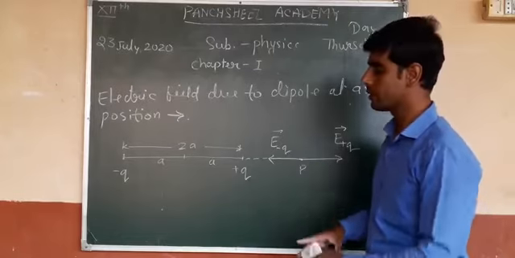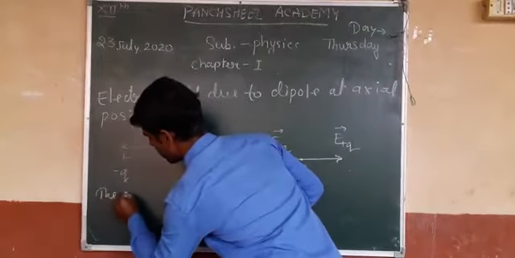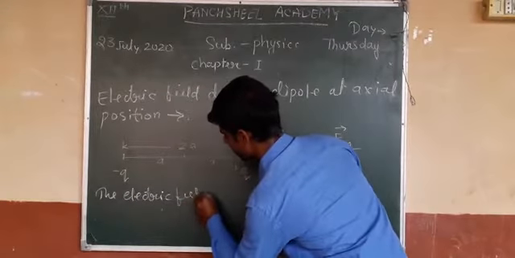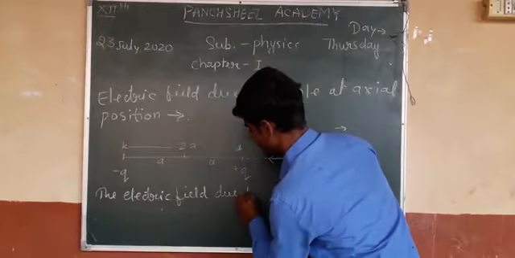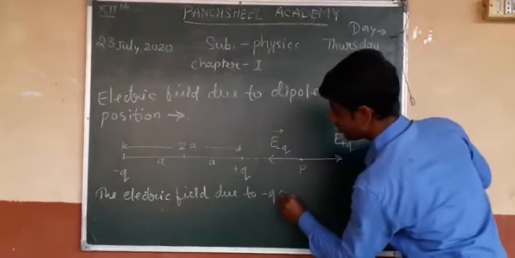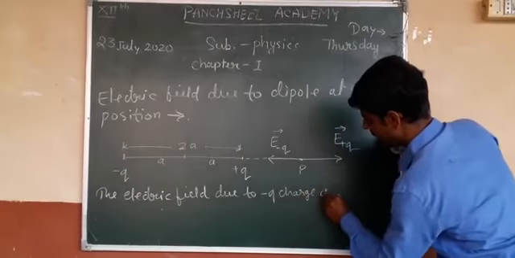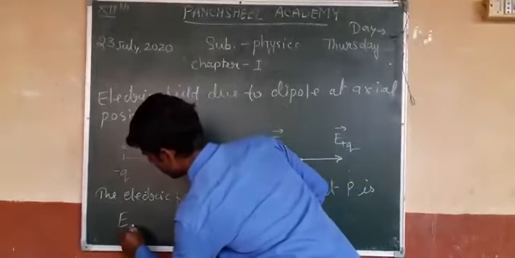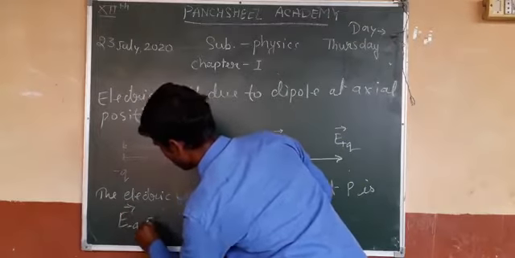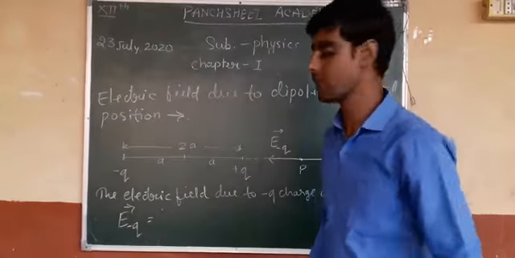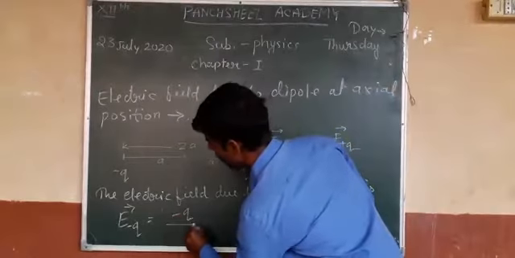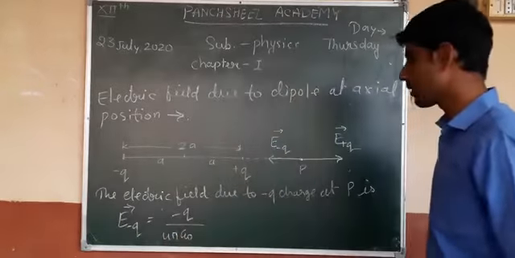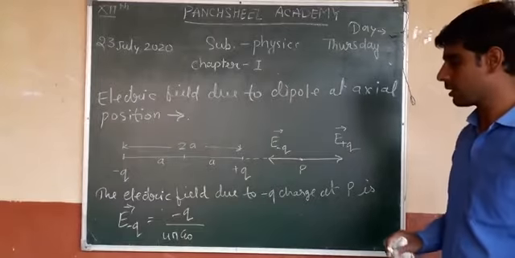The electric field due to the minus q charge at P is E minus q, and the value is minus q upon 4 pi epsilon naught.